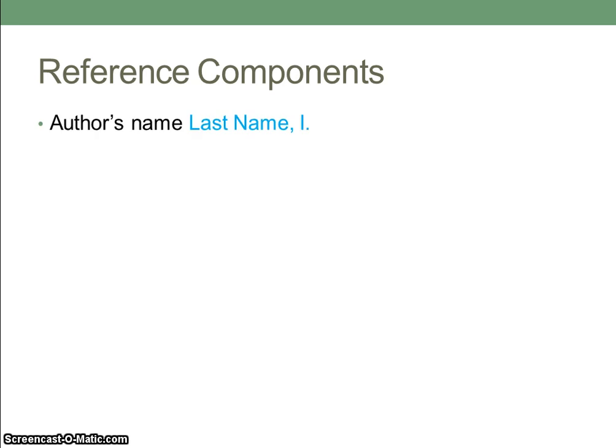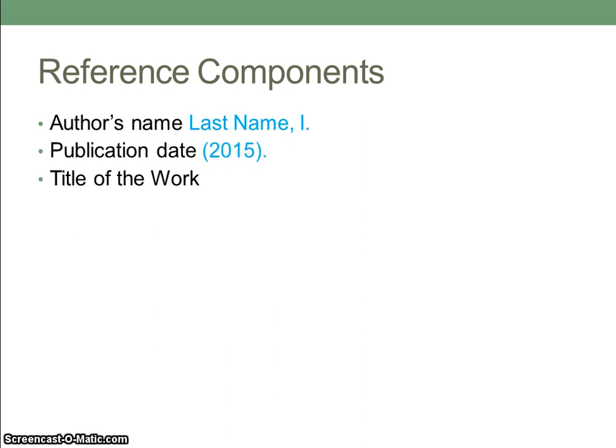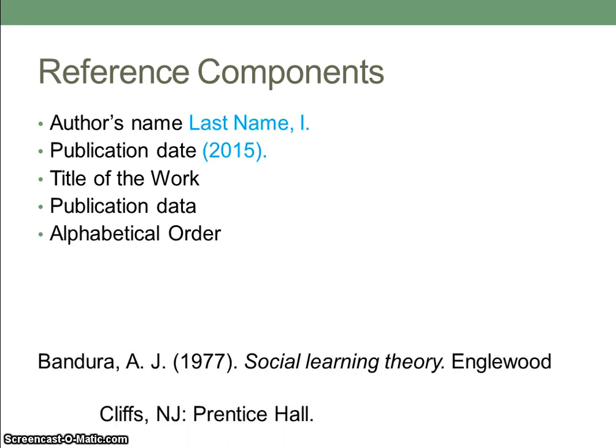Overall, each reference entry must aim at presenting the author's name, date the work was published, title of the work, publication data such as city, publishing company, etc. Here we see an example of bibliographical information of a book.